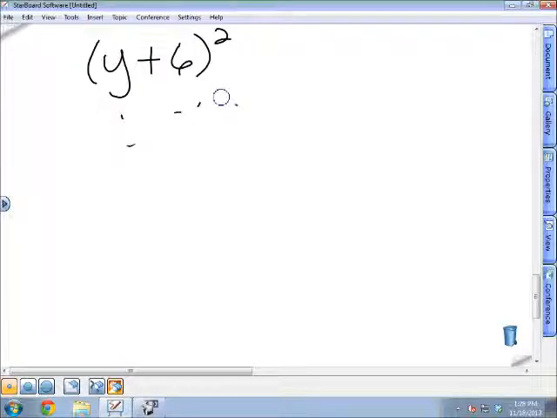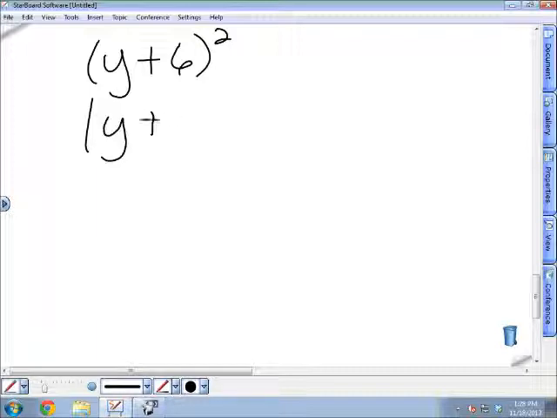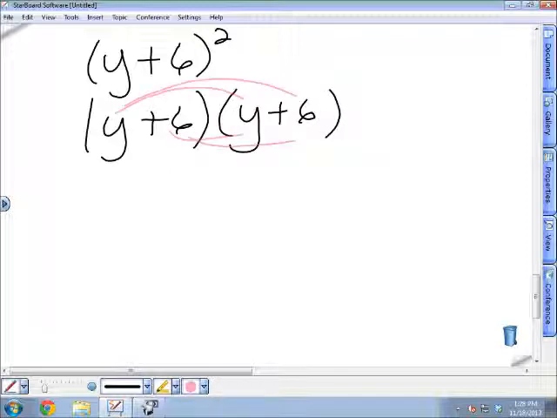But when you square something, you're multiplying it by itself. So if you just write it out, y plus 6 multiplied by y plus 6, then you won't really have much trouble, because it's really just FOIL again. They give you some special rules on your sheet here to find the answer, for example A up above, x plus 2 squared, and then it tells you that you can just fill in A and B. You can memorize those rules if you want.